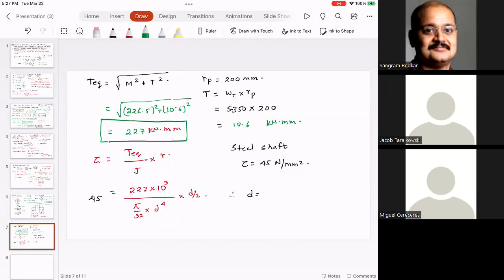Going twice. 3.9. 3.9 for 227 kilonewton millimeter torque. No, a 4 millimeter shaft can't sustain that much amount of torque.